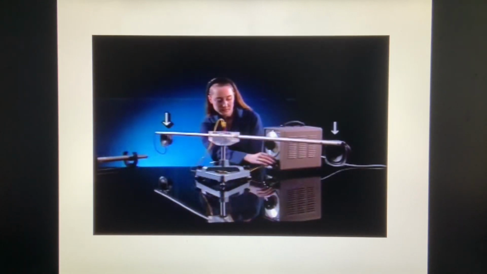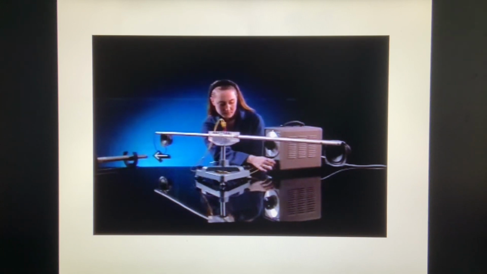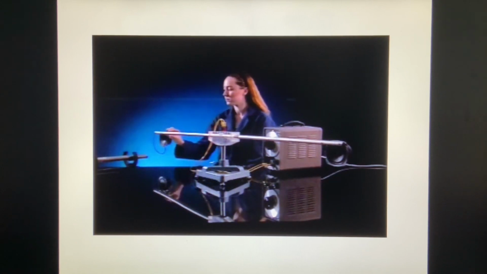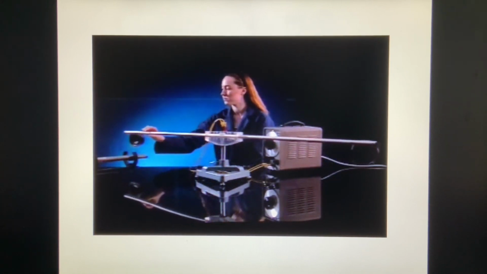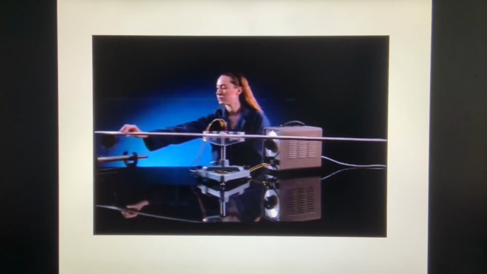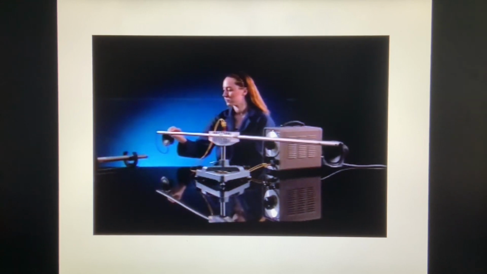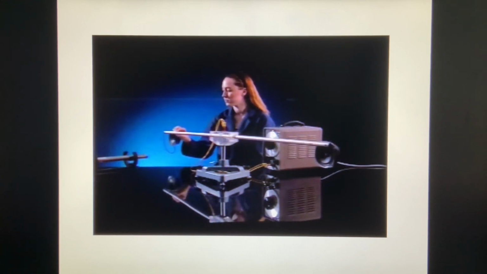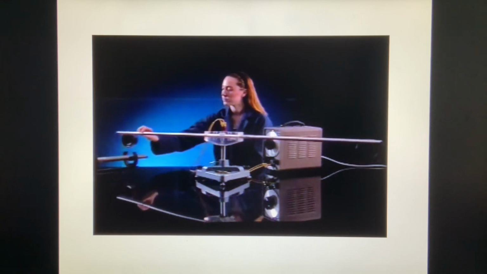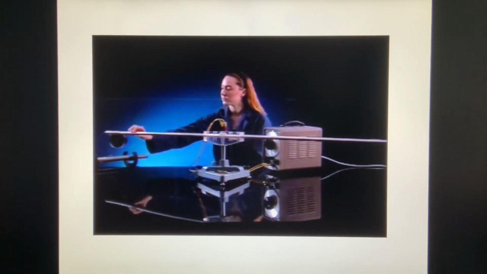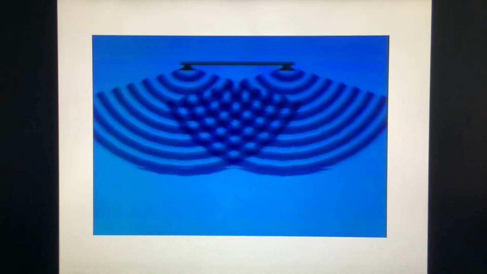Two speakers at the ends of this boom arm will be used to demonstrate interference of sound waves. Both speakers are driven in phase by an audio oscillator. A microphone placed in front of the boom arm will pick up the combined sound signal from the two speakers for you to hear. Here's how that sound varies as we rotate the boom arm. Notice the intensity pattern of the sound.